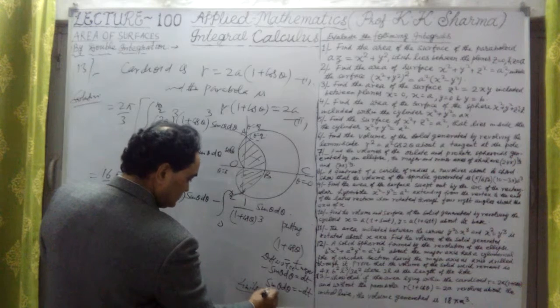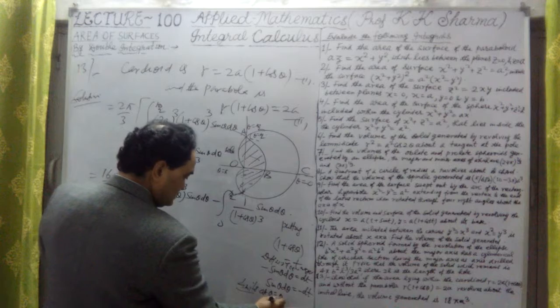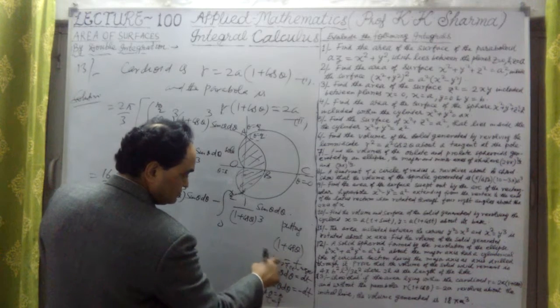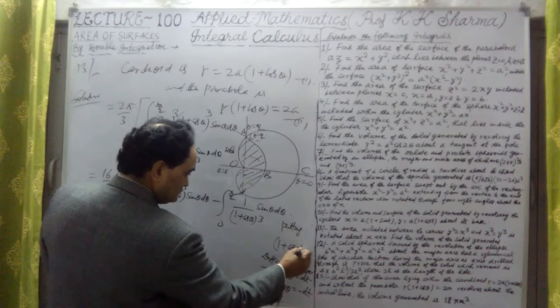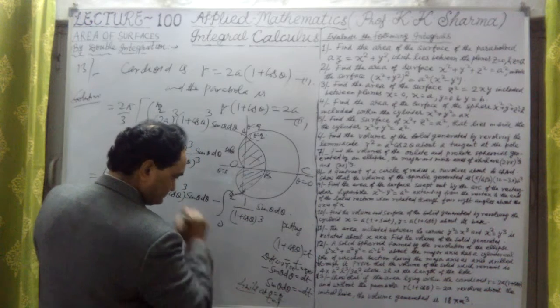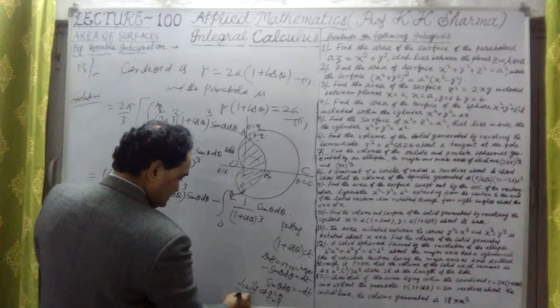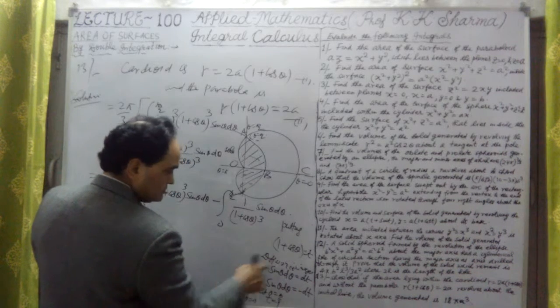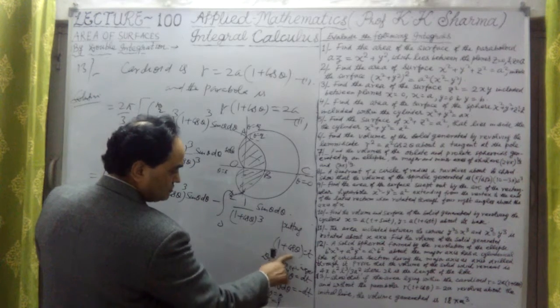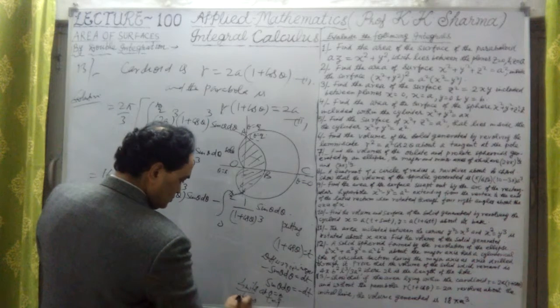So at theta equal to pi by 2, t equal to 1, because this is 1 plus 0. And at theta equal to 0, cos 0 is 1, so 1 plus 1 is 2, t equal to 2. So at theta equal to 0, t is equal to 2.